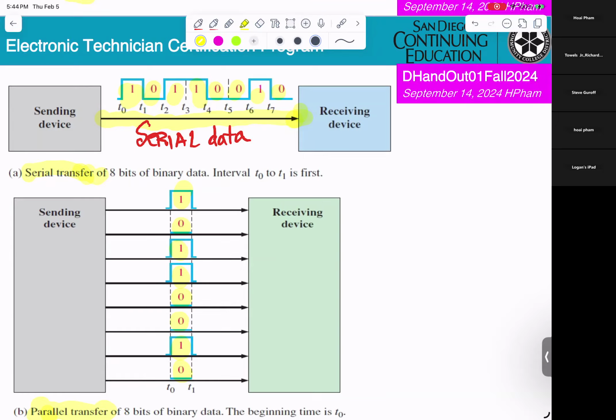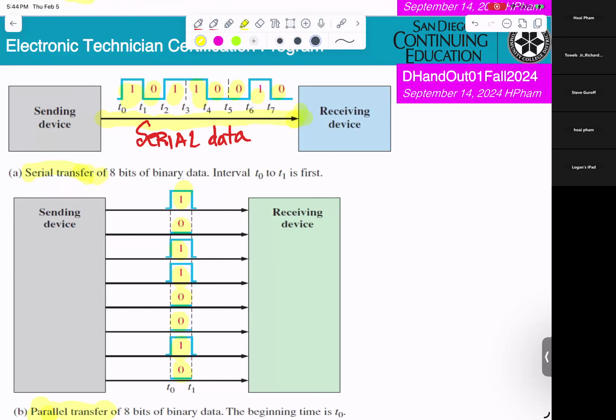Okay? However, if that serial connects into the computer, into your phone, inside will be a microcontroller. Microcontroller, the same as a computer, microprocessor.